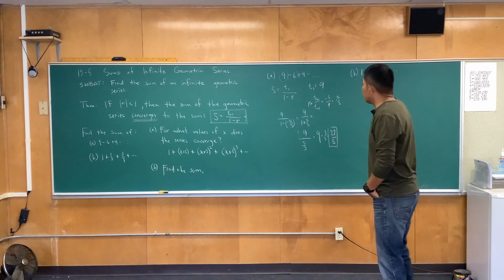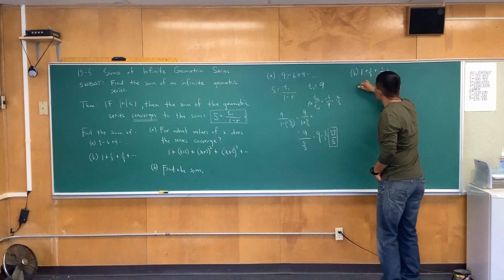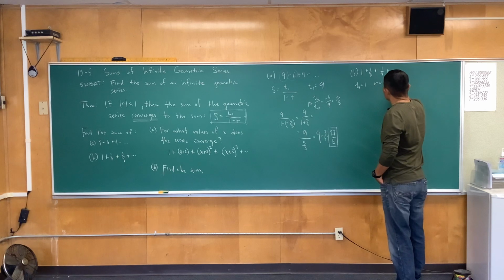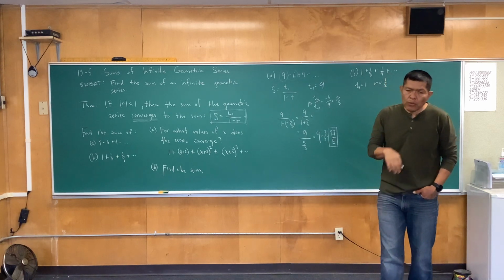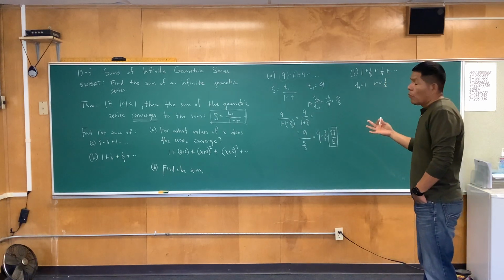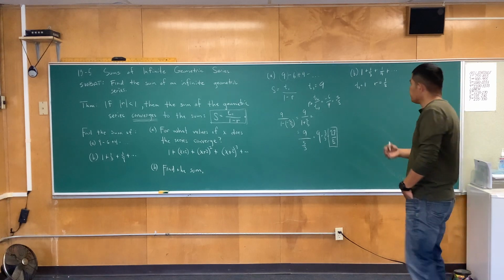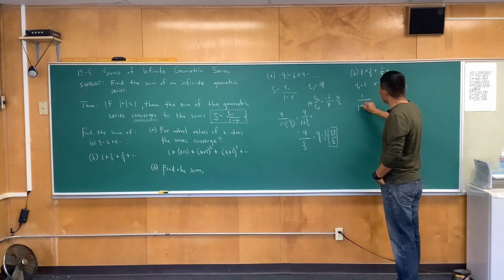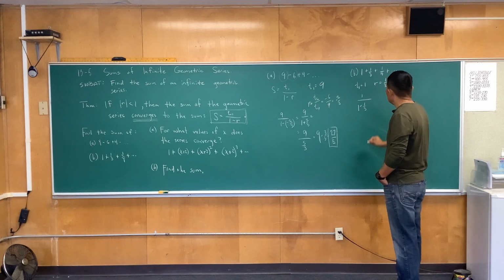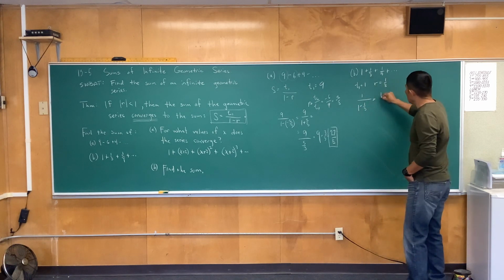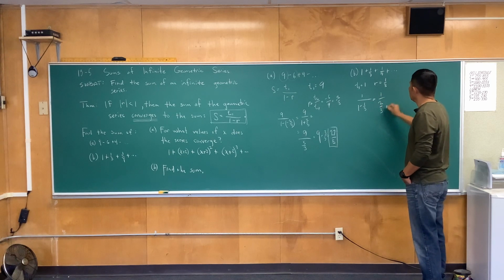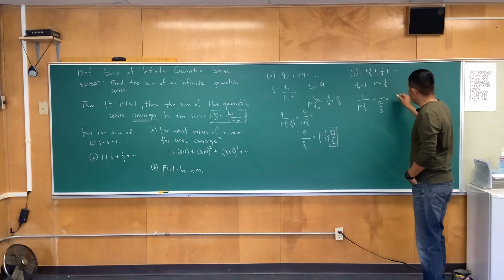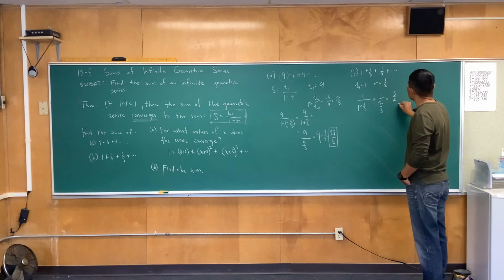So our first term, t1, is 1. Our ratio is going to be 1/3 because we take 1/3 and we divide by 1. So then we just say 1 over 1 minus 1/3 is equal to 1 over 2/3. That means we just take the fraction and reciprocate it, and we get 3/2.